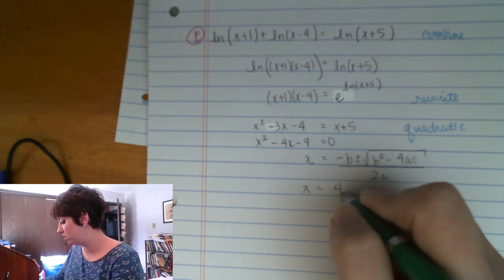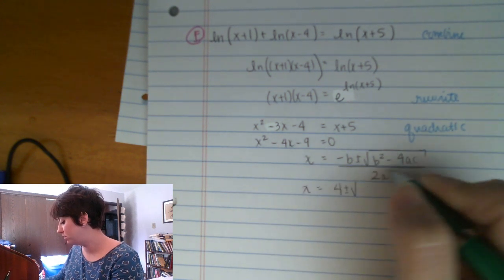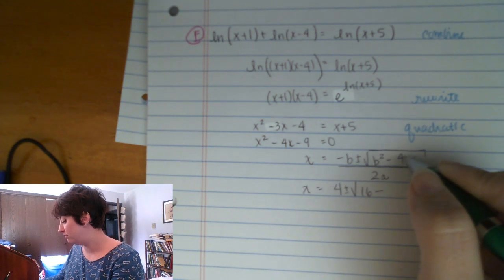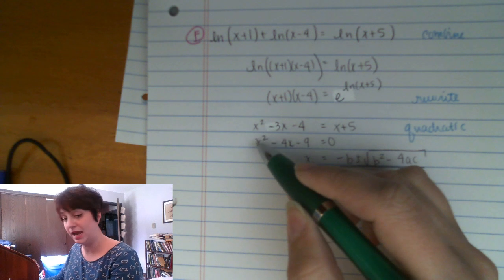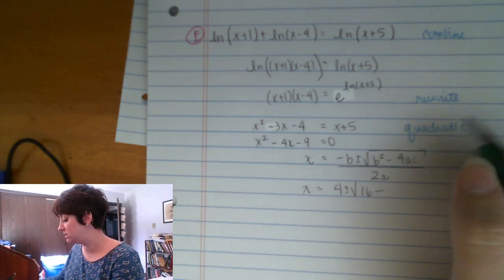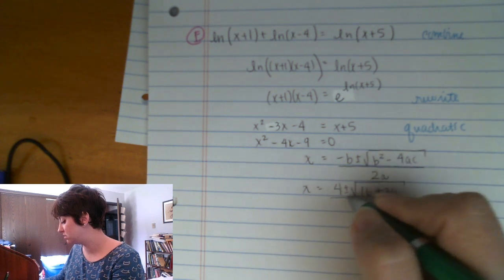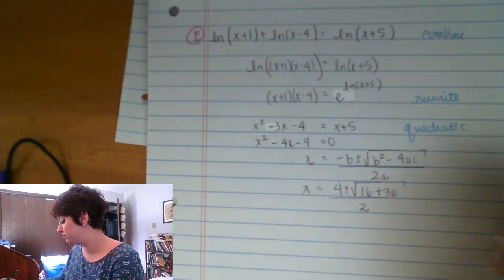So 4 plus or minus the square root of negative 4 squared, which is 16, minus 4 times a, which is 1, times c, which is negative 9, so that's plus 36, all over 2.